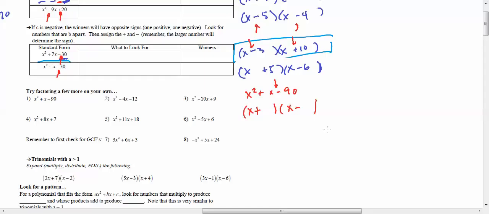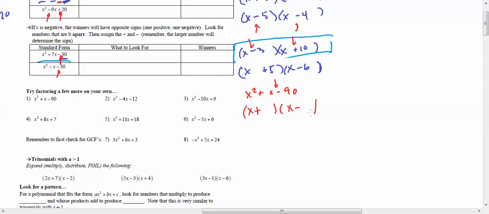Does that make sense? By the way, which one is going to be the bigger one? The positive one or the negative one? Of the two numbers I choose, which one will be the bigger of the two? The positive or the negative? Am I going to put the bigger number here or the bigger number here? Why? You're right. Why?